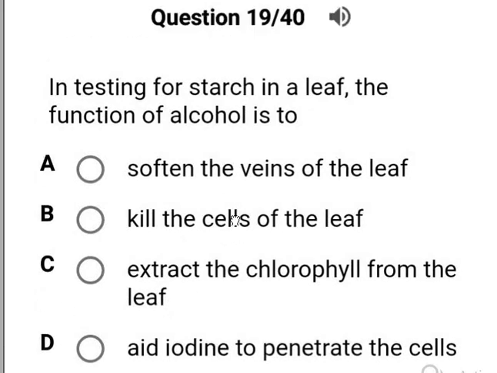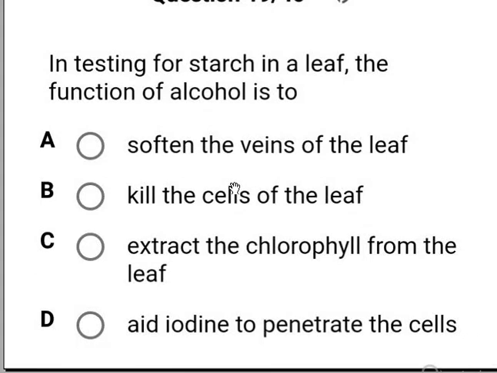In question 19, in testing for starch in a leaf, the function of alcohol is to: A, soften the veins of the leaf; B, kill the cells of the leaf; C, extract the chlorophyll from the leaf; D, aid iodine to penetrate the cells.